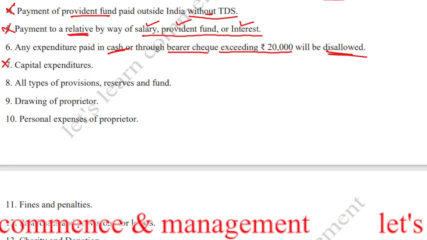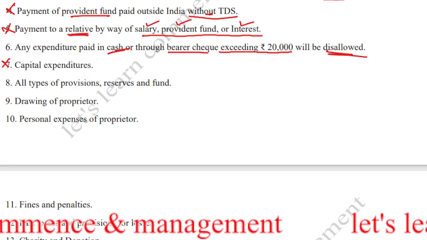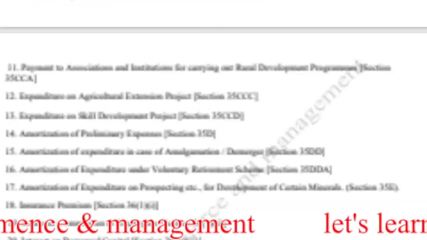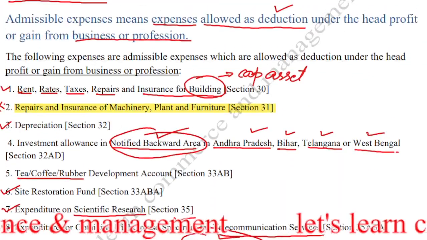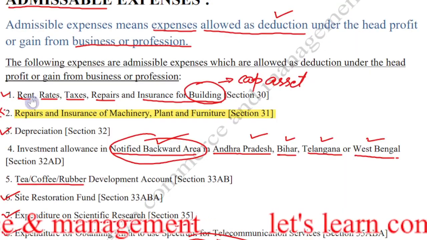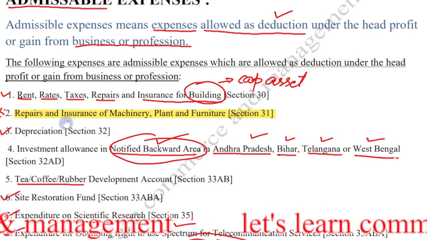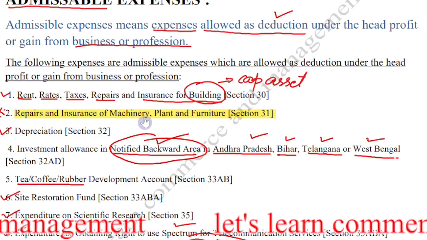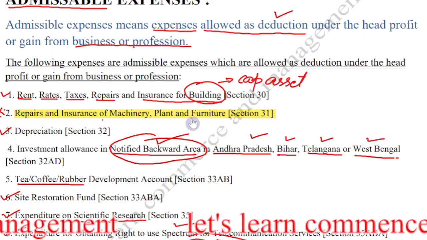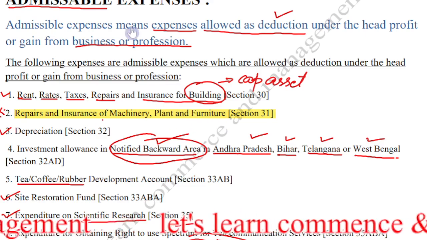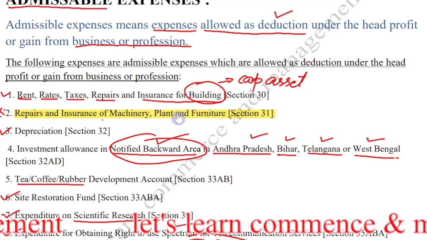But if you remember, we have highlighted one point in admissible. See, repairs and insurance of machinery, plant and furniture. This is an admissible expense.